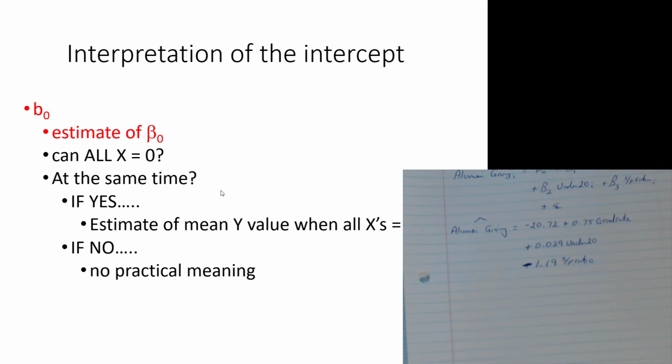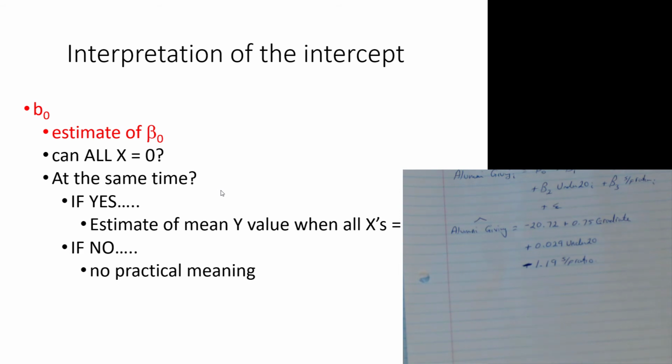Alumni are giving money. I could see 0% of the alumni giving money because they really hate the institution and nobody gives money. Maybe I could see 20% giving money. But how do you get minus 20%? They take money away? Even that doesn't make sense. By the way, we're not refunding any of your tuition.